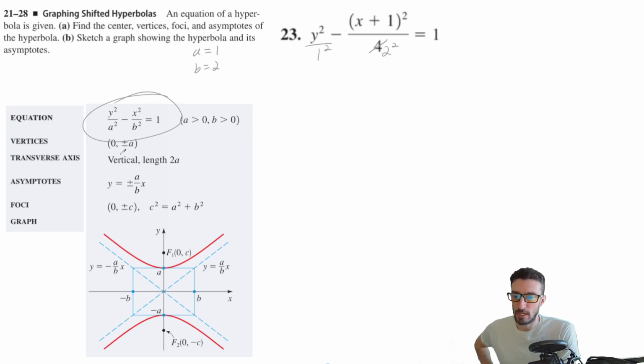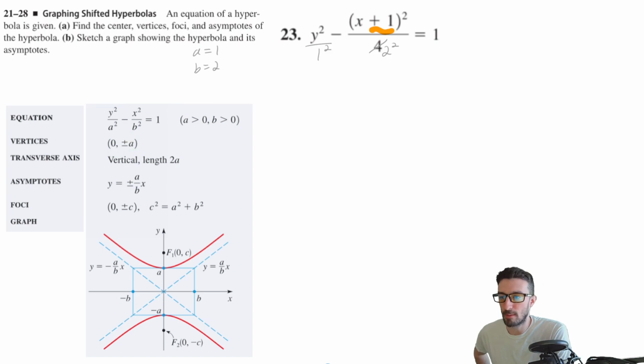Okay, so now I need the vertices. And the vertices are these points right here. But normally they would be something in the form of 0, comma A and also negative A. But in this case, we have a shift. So by having this plus 1, it ends up shifting things to the left by 1.